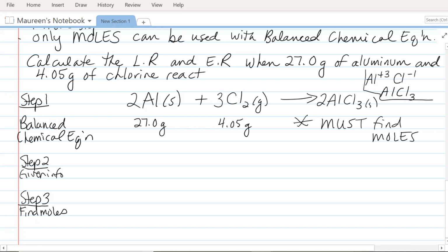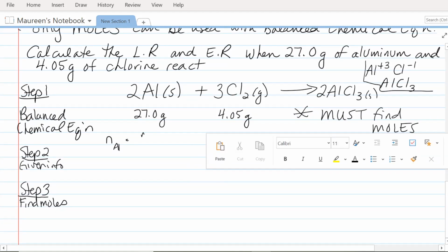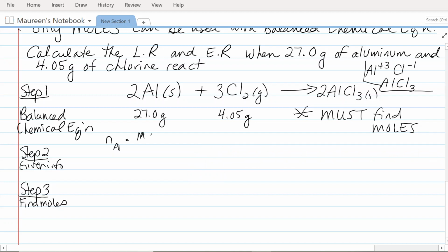We're given a mass. So the moles of aluminum will be mass over molar mass, which will be 27 grams over the molar mass of aluminum, 26.98 grams per mole. Cancel out those units, and we'll have 0.1 moles of aluminum.